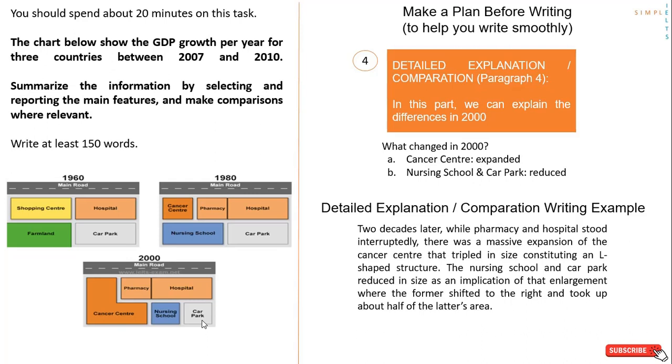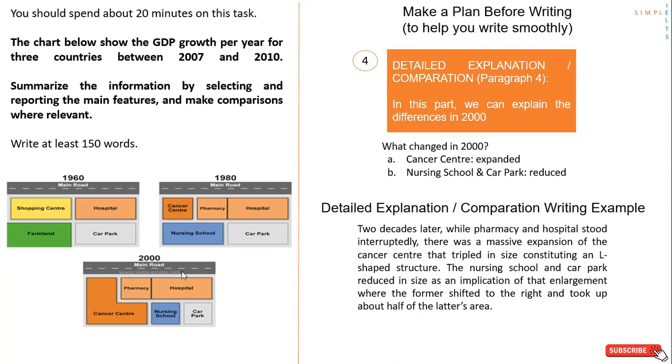2 decades later, by 2 decades later, it means 20 years later, after 1980, which is 2000, while pharmacy and hospitals stood uninterruptedly, there was a massive expansion of the cancer center that tripled in size, constituting an L-shaped structure. The nursing school and the car park reduced in size as an implication of that enlargement, where the former shifted to the right and took up about half of the latter's area.